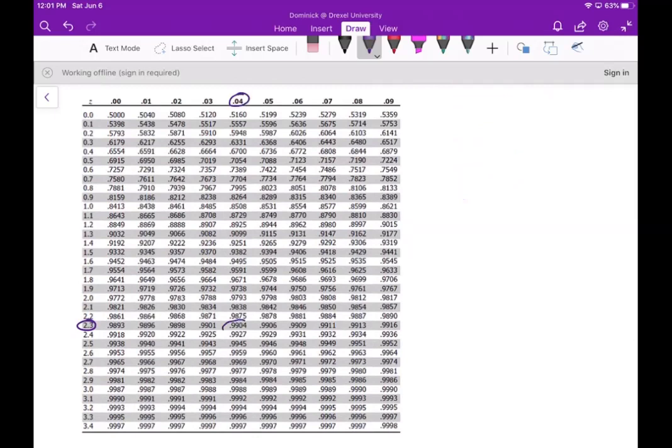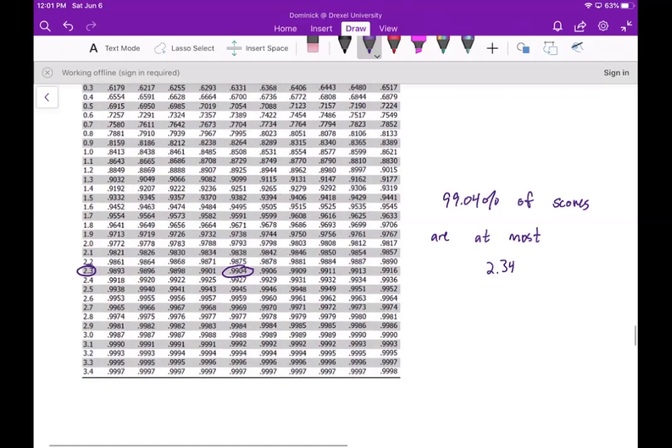It looks like they line up to 0.9904. So then that would tell you that 99.04% of the scores are at most 2.34. Right? So that's the idea.